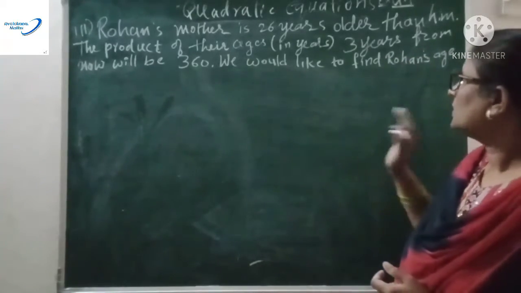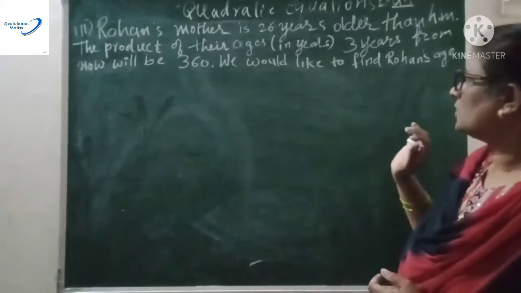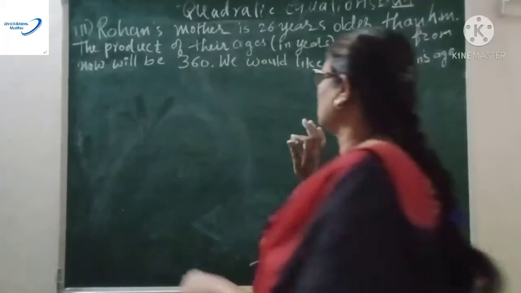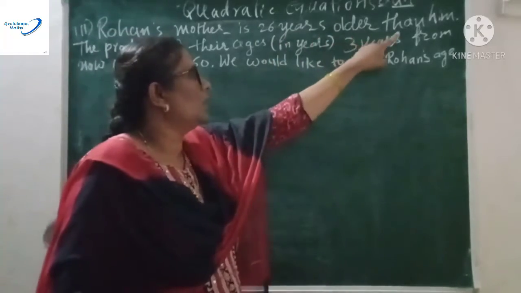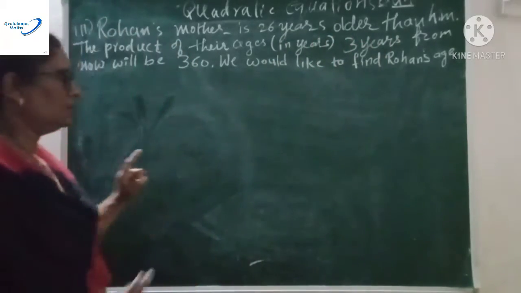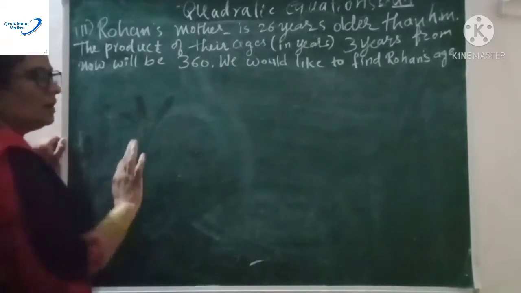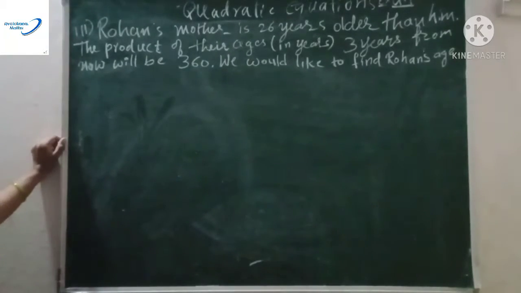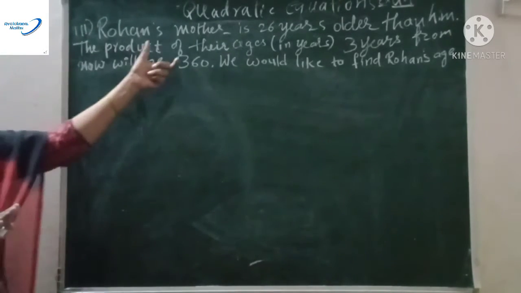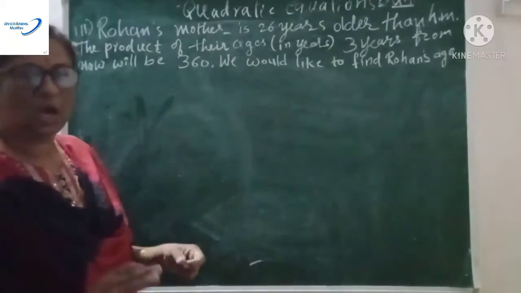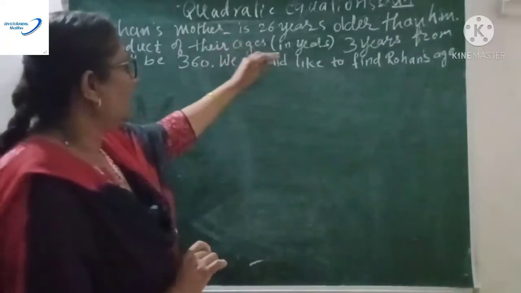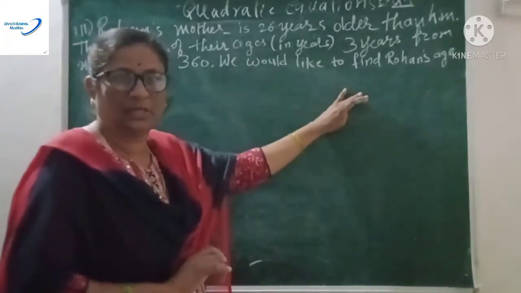So we proceed. How to solve this question? Okay, children. Now listen. Rohan's mother is 26 years older than him. Very simple. So we are given 2 ages of 2 persons, that is, Rohan and the mother, and the relation between their ages. How to find the relation? Depending upon what the question is.